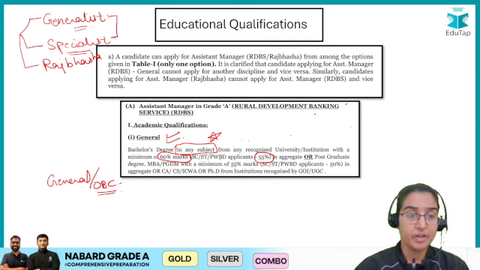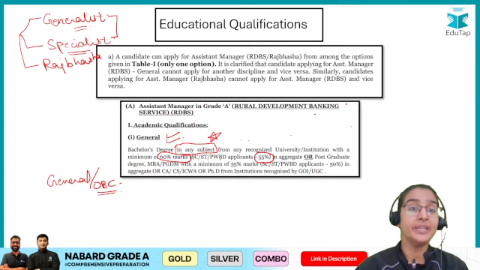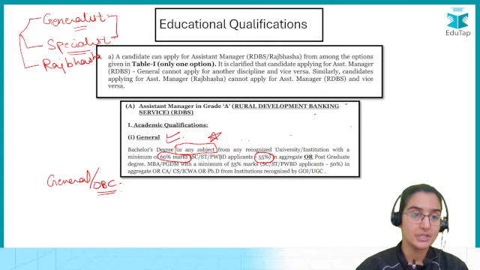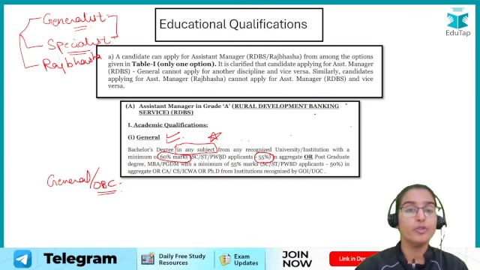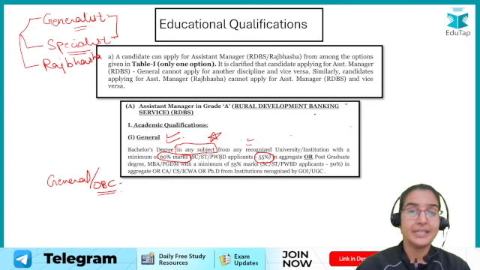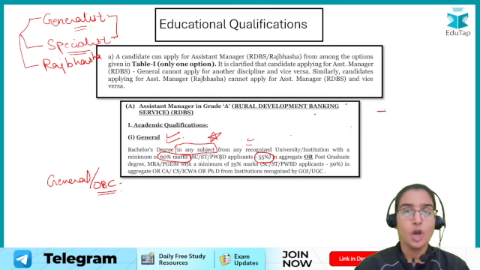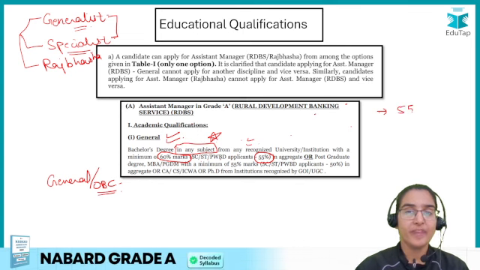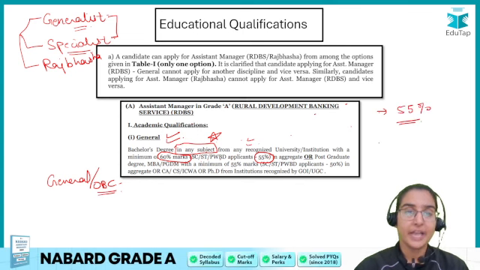If you are a general or an OBC category student, then the minimum marks required in your bachelor's degree is 60%. But if you are an SC, ST, PWBD applicant, then the minimum marks required is 55%. So this is one case. The second case is that suppose you are an aspirant who has secured around 55% in your graduation, right? Then you are not eligible.